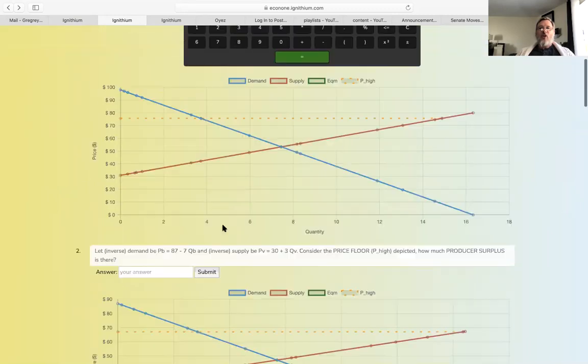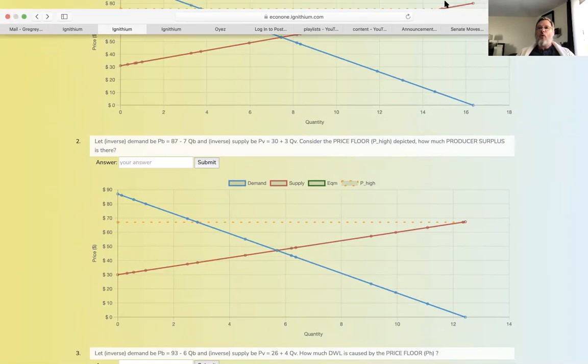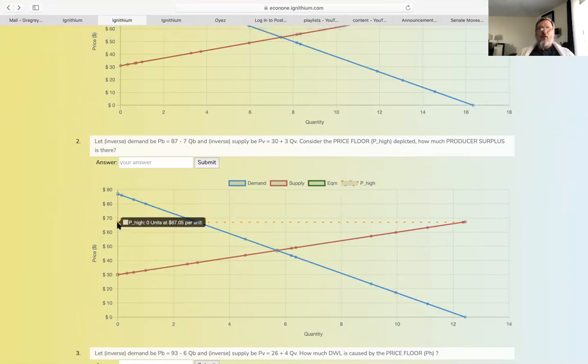Okay. So, let's try to do one of the other ones. So producer surplus. So this is going to be one of the ones that's the trapezoid, right? So for the trapezoid, I don't know if you can see the trapezoid that's the producer surplus, but there's one base and then here's the other base, right?